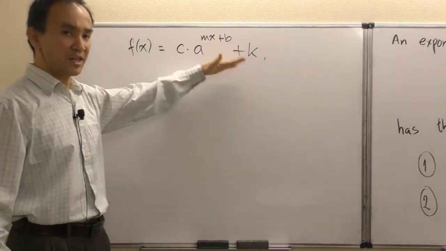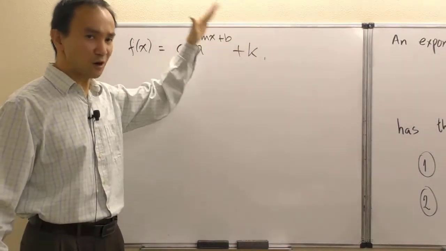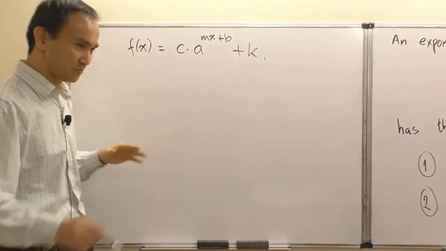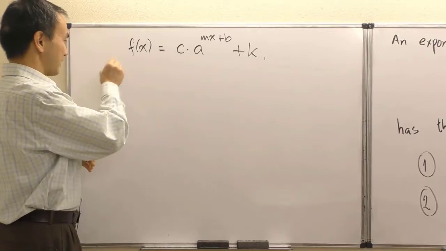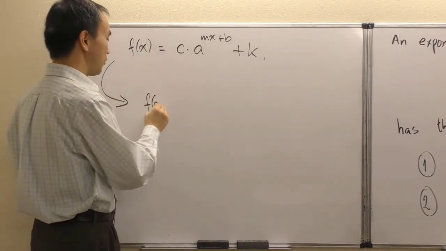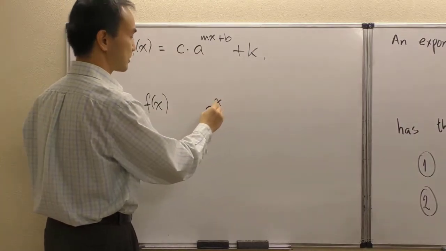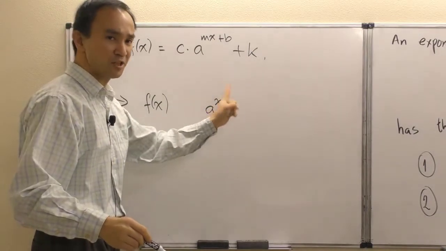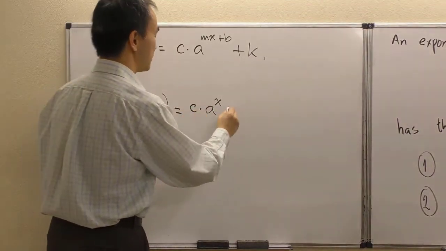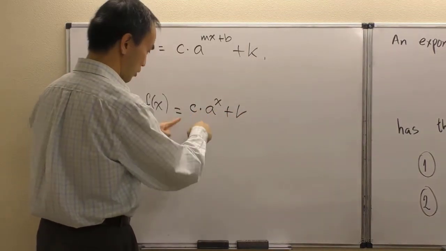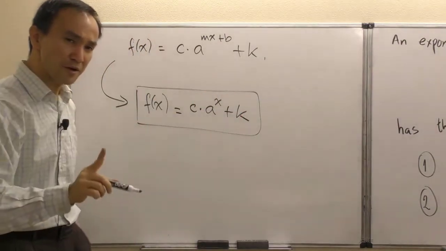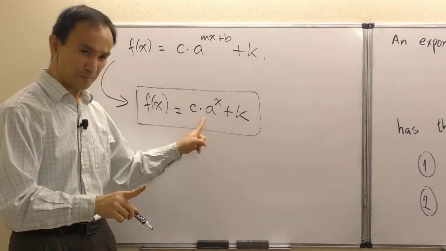I did not mention much about that. All of a sudden, I took you into the primary form where I mostly focused, the subfamily where it's simply a^x, no need to have that mx + b, multiplied with a constant coefficient c, plus k. We primarily put all of our focus into this form.